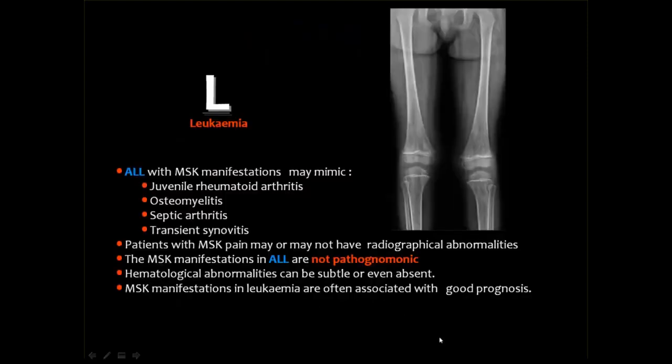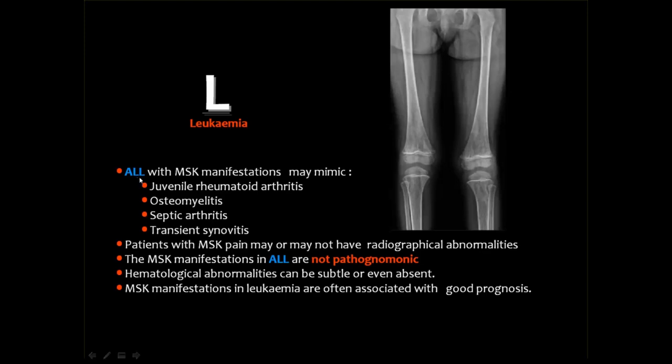Then, in this patient, you can see bilateral, almost symmetrical metaphyseal translucencies or osteolysis in the distal part of the femur and the proximal part of the tibia. This is what I have said before.